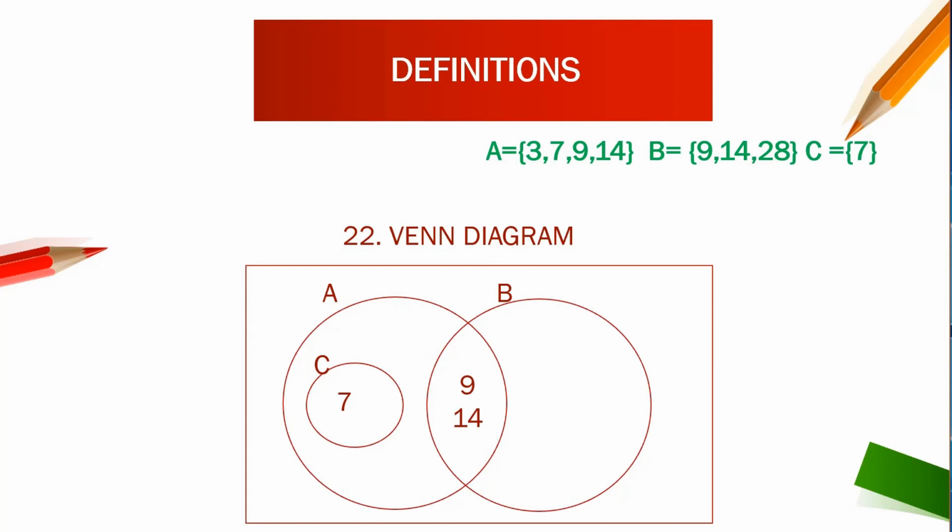So we're going to put 9 and 14 in the middle. Then we're going to fill out the remaining elements of A, which is 3. So now when we look at the circle A, we can see that the elements in A are 3, 7, 9, and 14. Then we're going to fill out the elements in B, which leaves us with just 28. So now when we look at B, we see that B is made up of 9, 14, and 28.